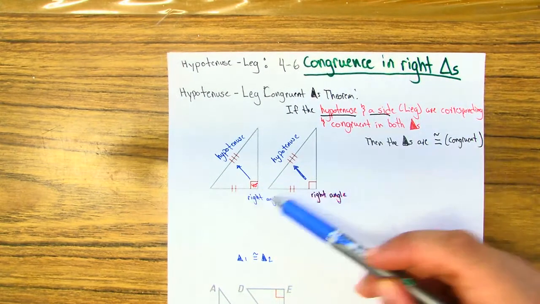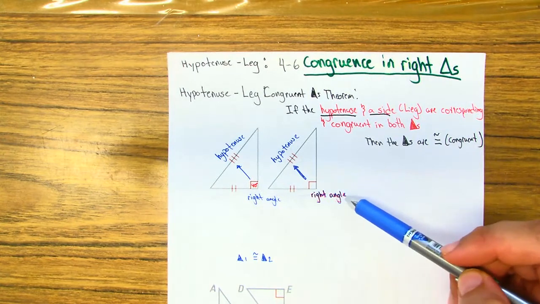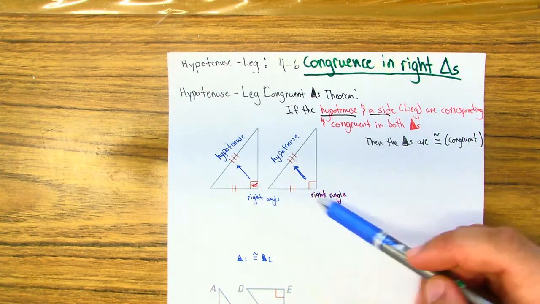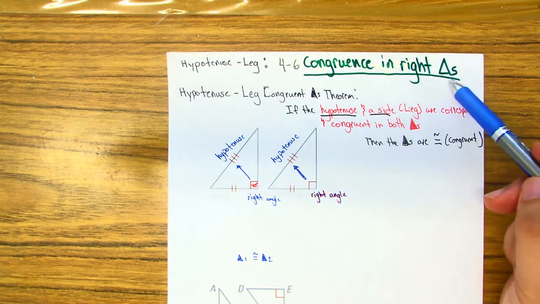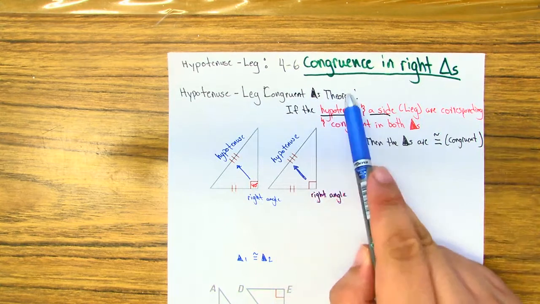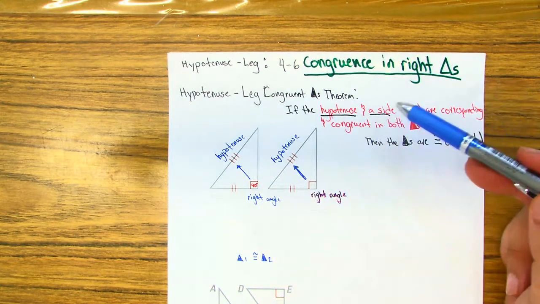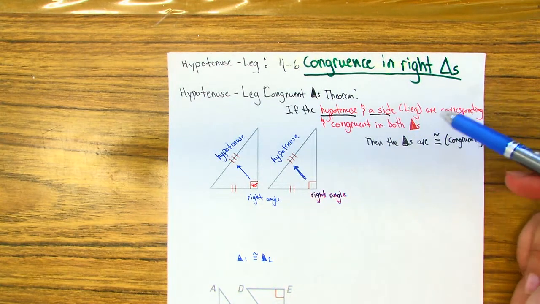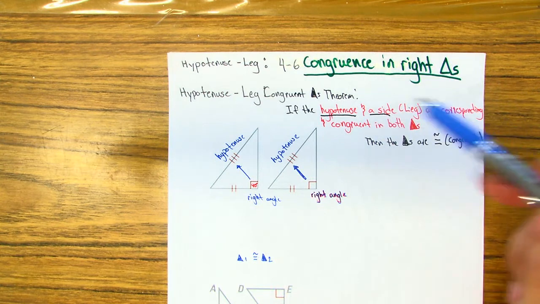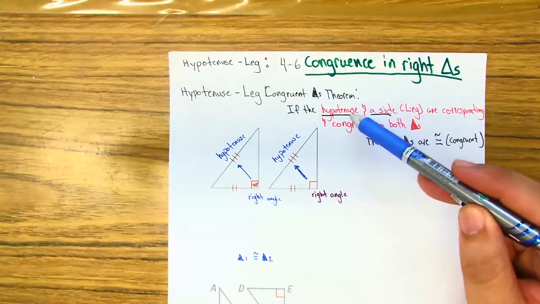Here we have right triangles, so this pertains to the lesson itself. Since we have right angles, they're considered right triangles. The theorem says if the hypotenuse and a side, or leg, are corresponding and congruent in both triangles, then the triangles are congruent. Do we have a hypotenuse that is congruent?